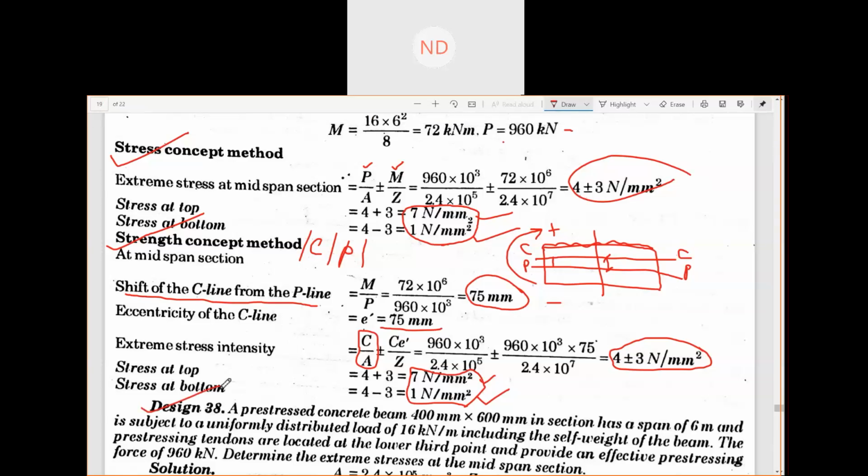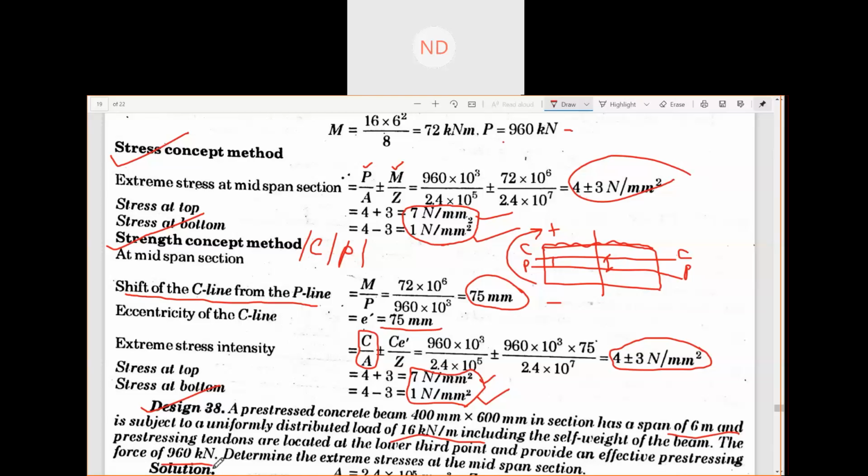A pre-stressed concrete beam 400 mm into 600 mm in section has a span of 6 meter and is subjected to a uniformly distributed load of 16 kN per meter, including the self weight of the beam. The pre-stressing tendons are located at the lower third point and provide an effective pre-stressing force of 960 kN.